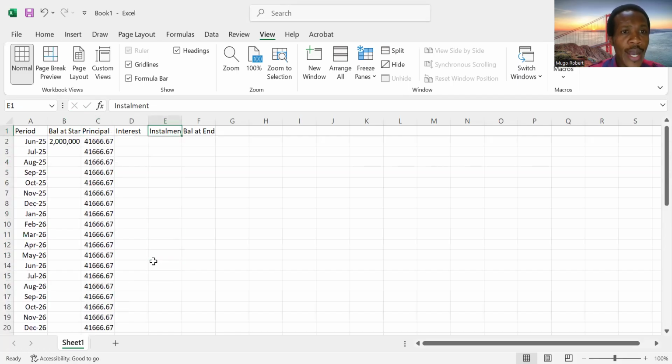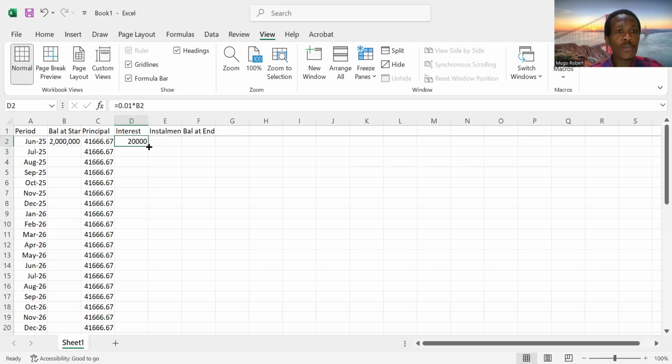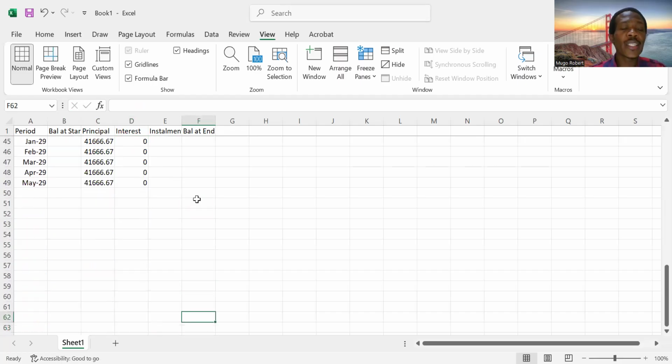Then we have the interest. I said we use 12% for simplicity. 12% means it is 1% per month, and it is on the reducing balance, so times the balance at the start of that month. So the first month you pay 20,000. I can double click this to have all the 48 cells filled.